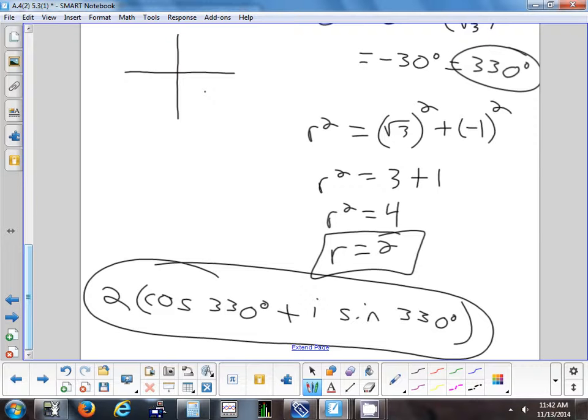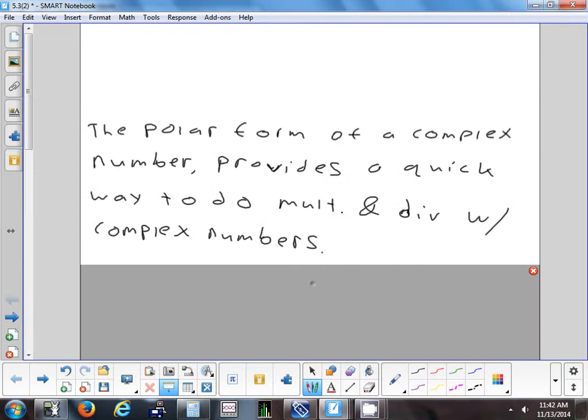All right. The last thing we'll do is I'll show you how we can take two numbers that are in polar, like this, and multiply them together. It's easy enough that we should be able to do it by looking at it. It's not going to be any real work to show. The polar form of a complex number provides a very fast way to do multiplication and division.